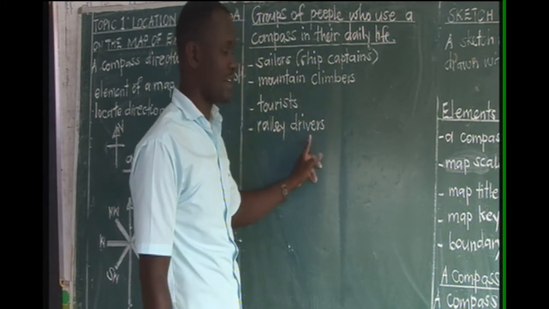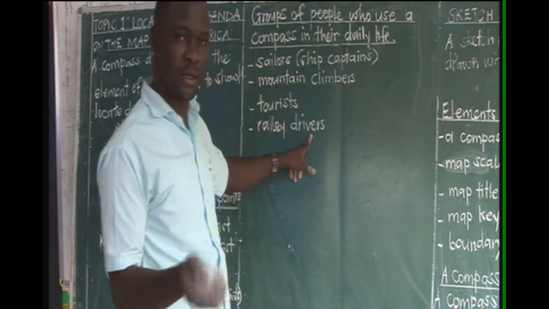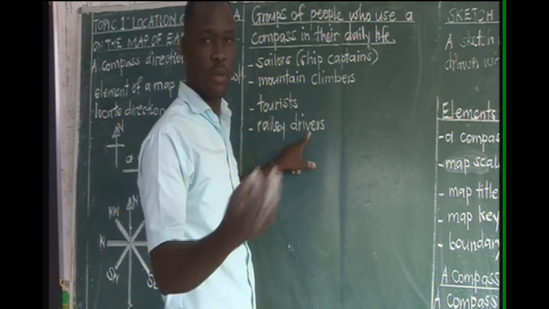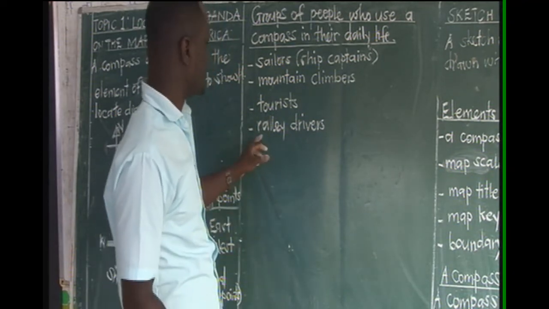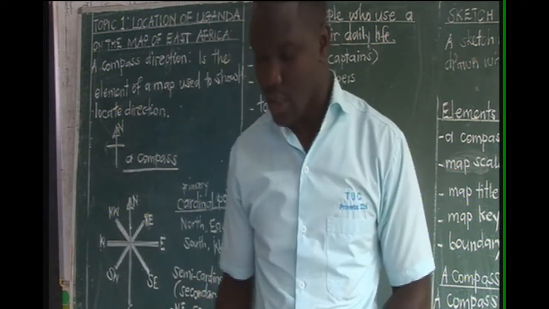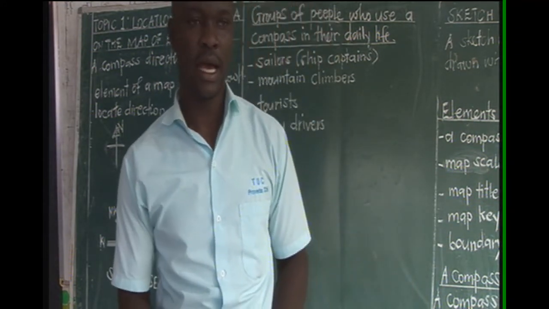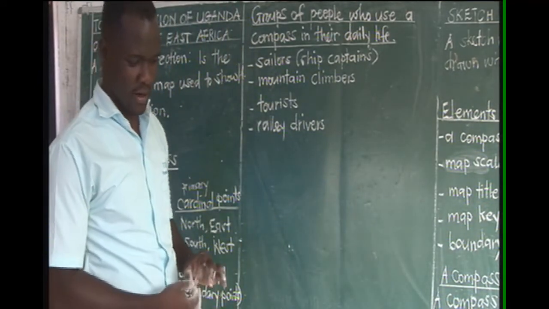Because not every driver. Your dad can drive his car from home to work. Mommy can drive going for shopping. Do they use a compass? No. So we are only looking at the rally drivers. Those are the ones who use a compass.